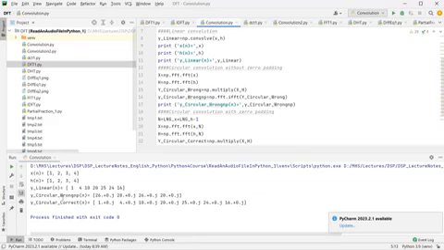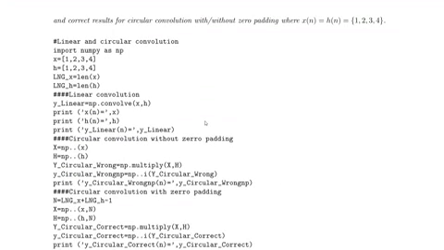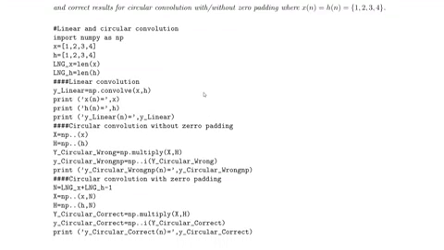The wrong answer is obtained without zero padding. Here you see, please consider the length of the output, but the correct answer, y circular correct after zero padding, will be the same as linear: 1, 4, 10, and the rest. Okay, going back to the lecture note. Here you see the same coding.